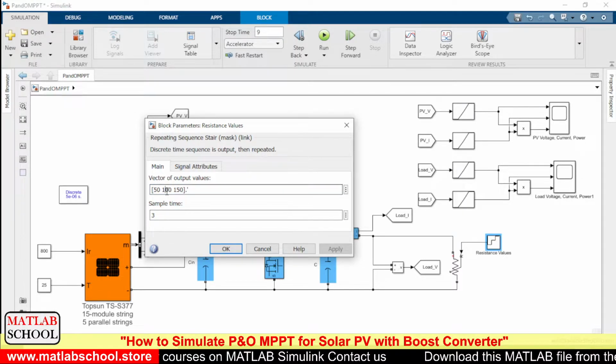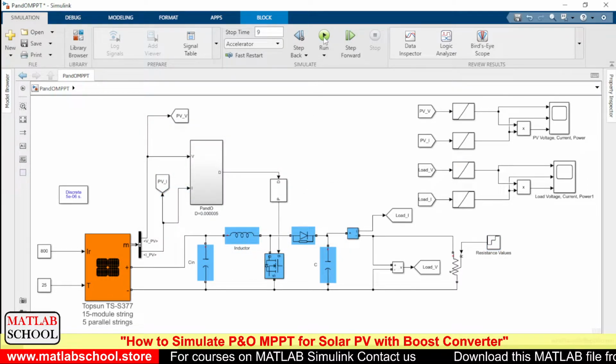Then later, the value will be changed to 100 ohms for again 3 seconds. And the resistance will be varied to 150 ohms for the next 3 seconds. So gradually we are raising the load, and we are checking the power delivered to the load as well as the power extracted from the PV panel by means of this MPPT algorithm. Let us run the simulation.